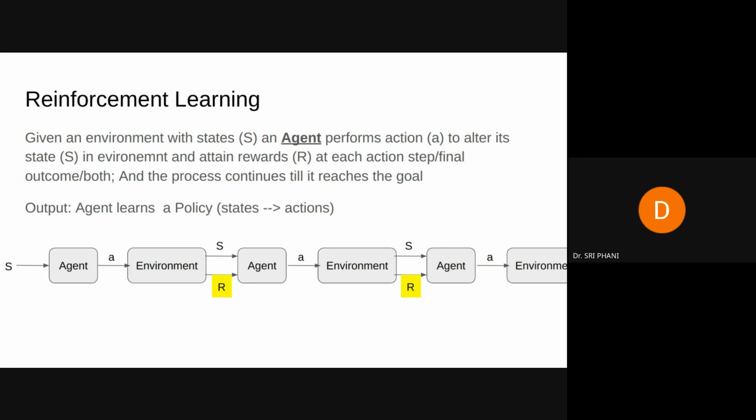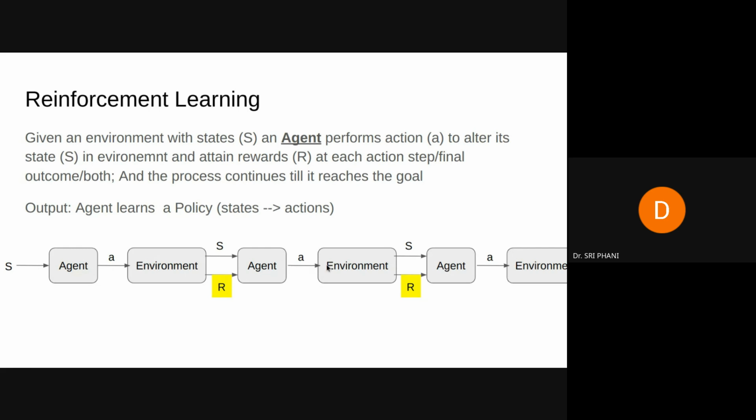You can also attribute it to your conventional control systems, where the agent is like the controller and the environment is like your plant. The agent gives a control signal, and the environment will give you the error. That is, the plant will give you an error, right? The error is again taken by your controller, which gives you a control signal.